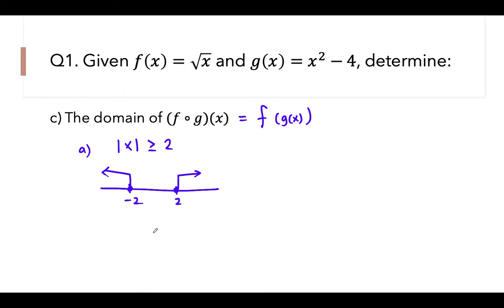So therefore, the domain of f of g is x can be any real number such that x is less than or equal to -2, or x must be greater than or equal to 2. Okay, and that will be my domain for the composite function f of g of x.